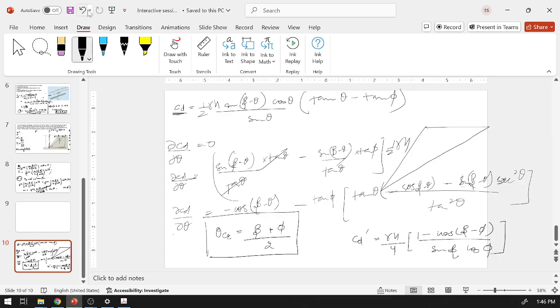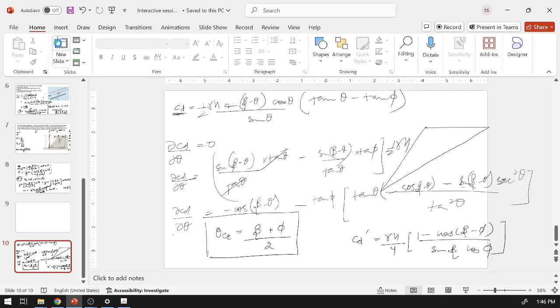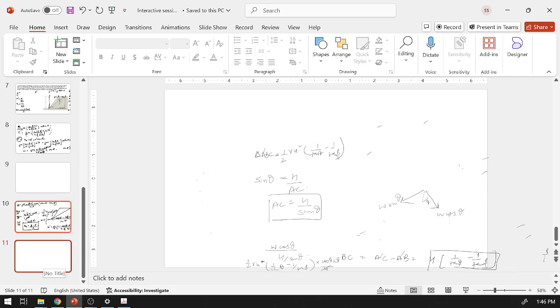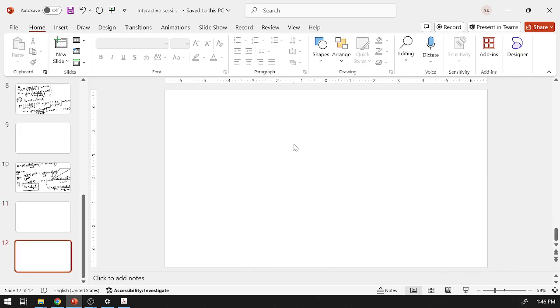So what we do, we write this as C over gamma h, which is taken as the stability number, which comes out to be 1 minus cos of beta minus phi over 4 sine beta cos phi.